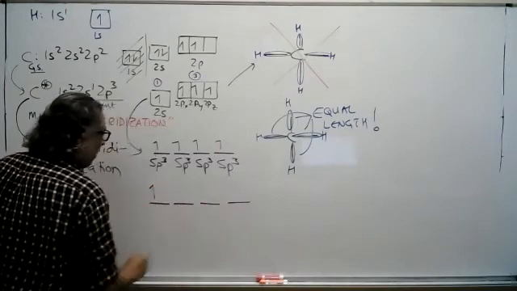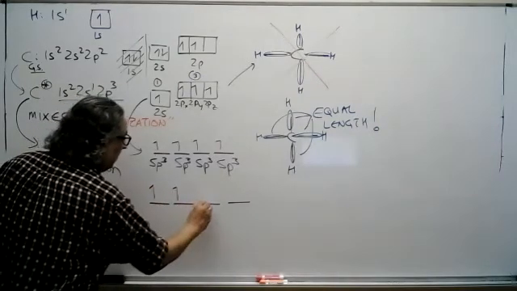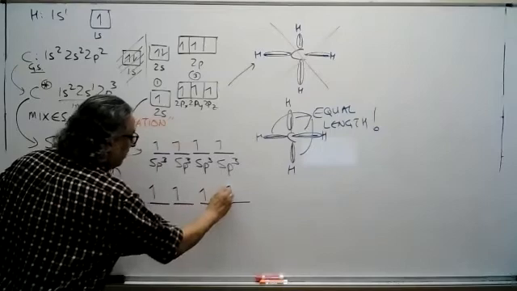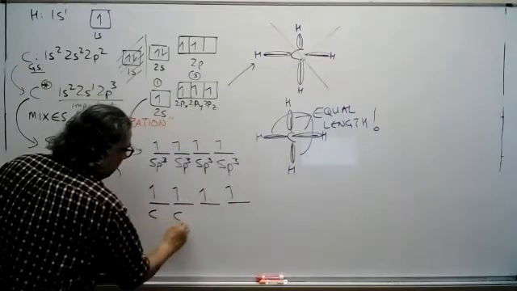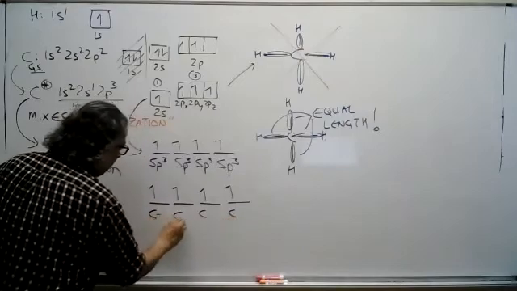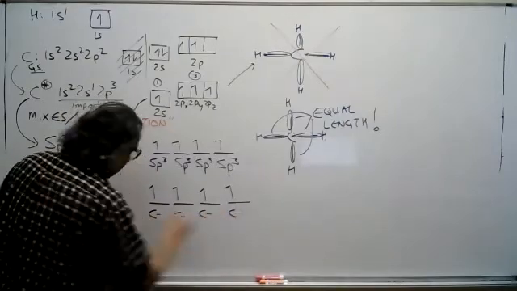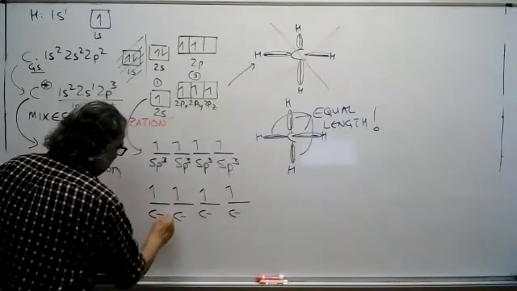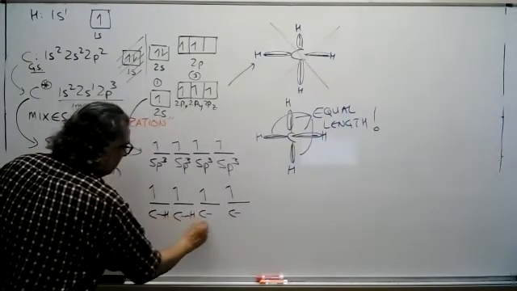This is from carbon. This is from carbon. This is from carbon. This is from carbon. So this is CH4, the 4 CH bonds at this point. Identical bonds.